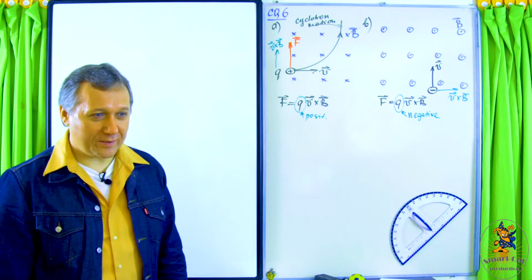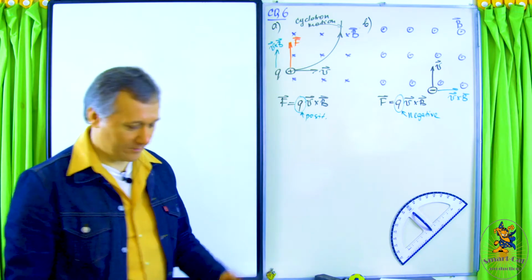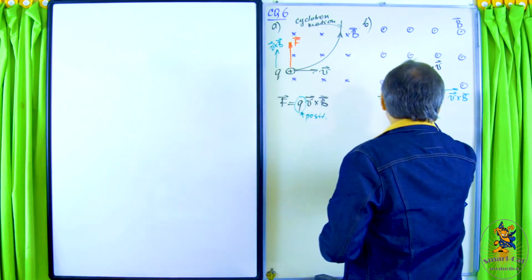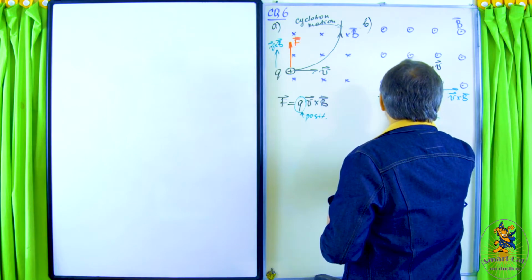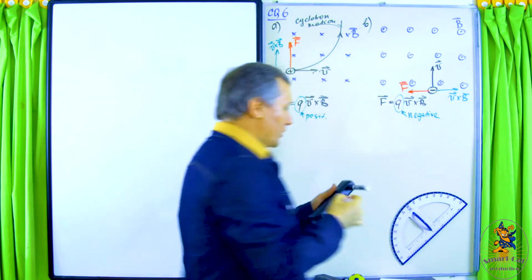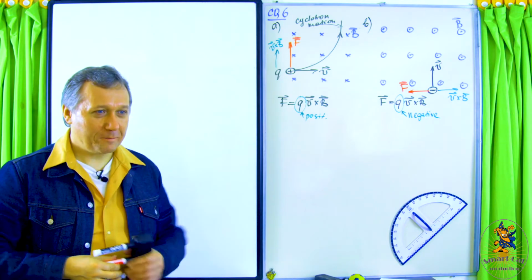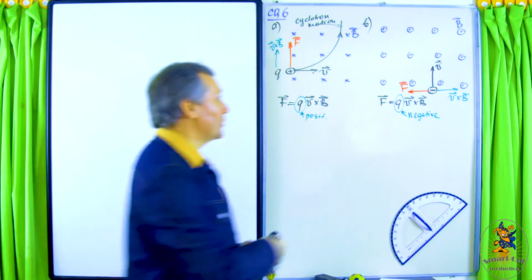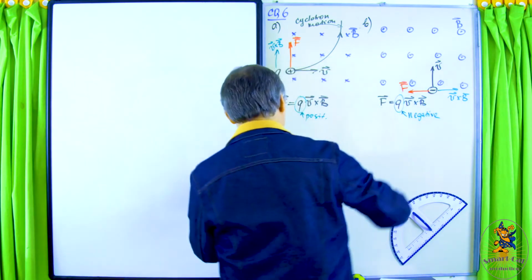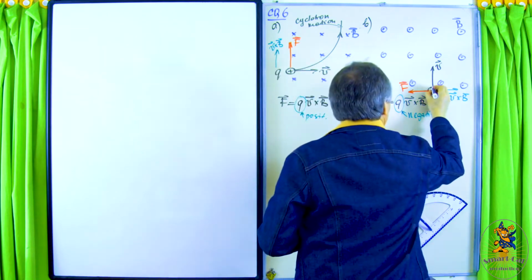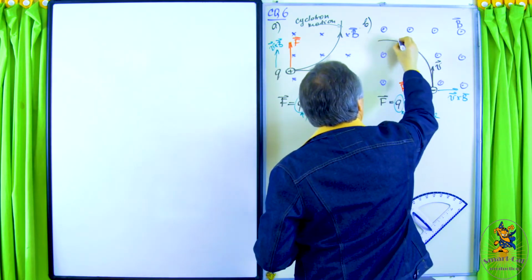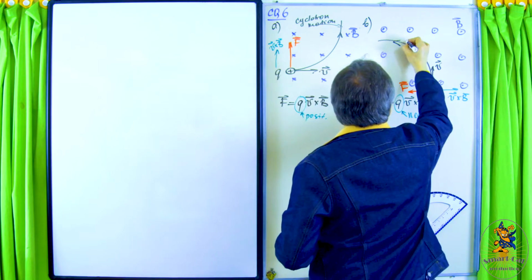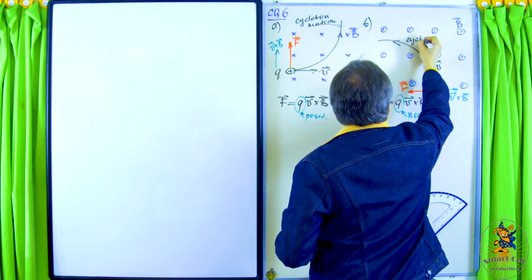So force is to the right. So this will be the direction of the force. So it means that particle is going to experience circular motion bent that way. Also this is cyclotron motion.